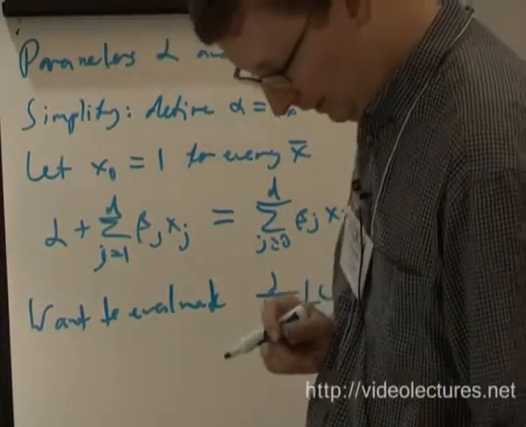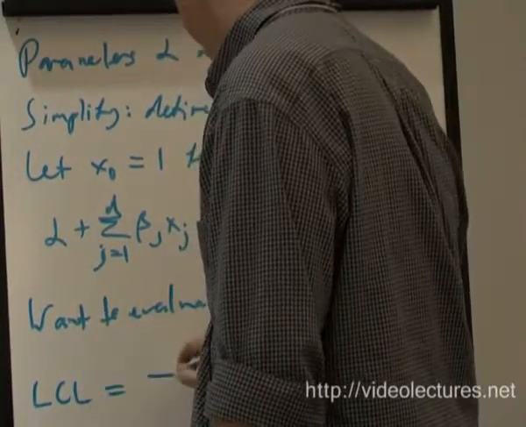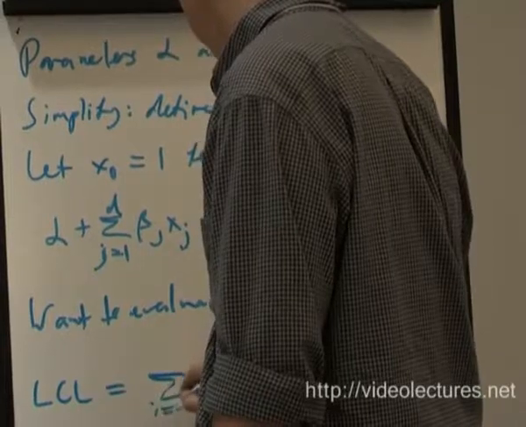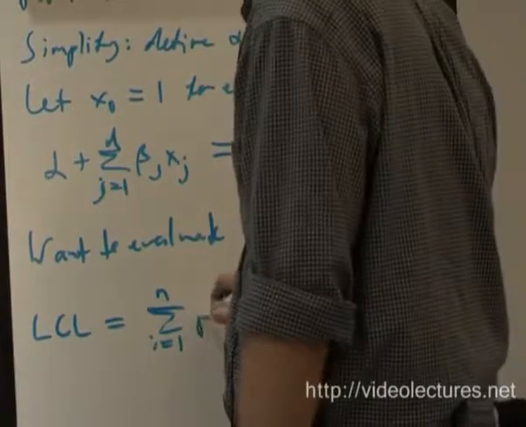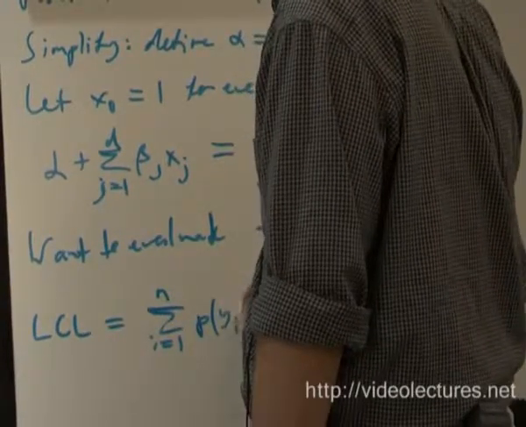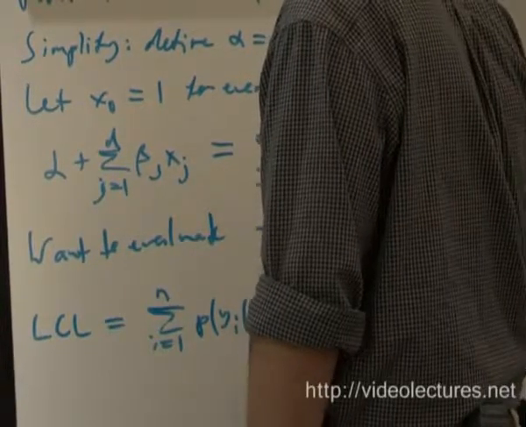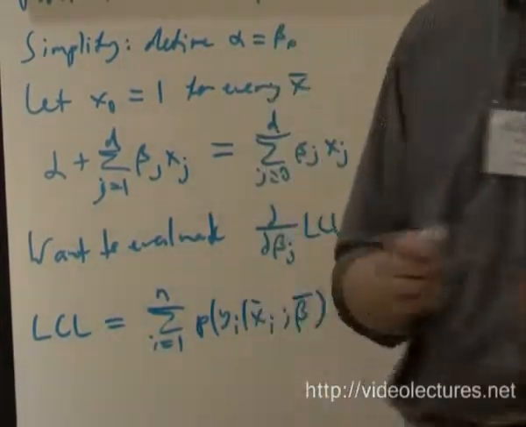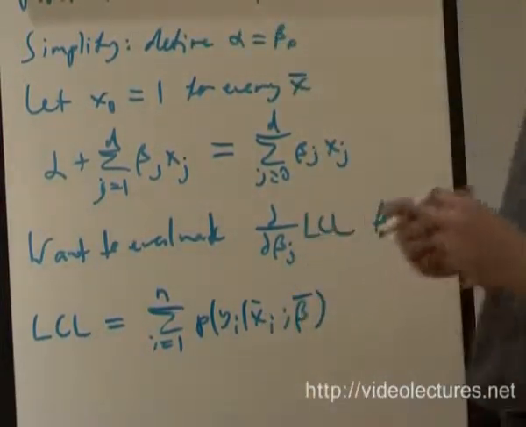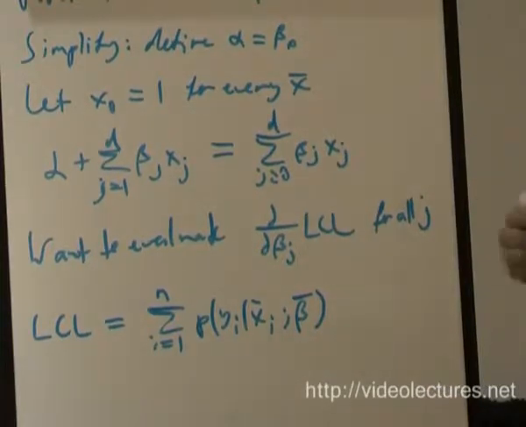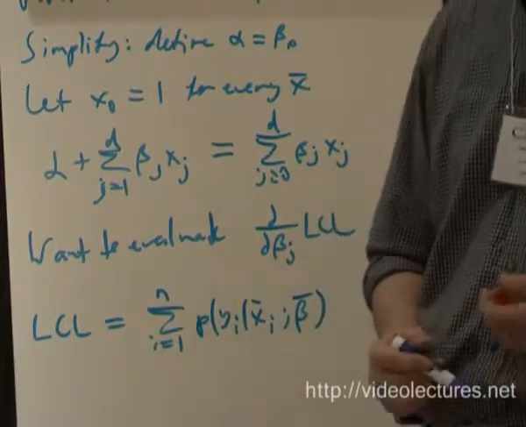And the log conditional likelihood is the sum from i equals 1 to n of the log probability of yi given xi and given the beta parameters. So everybody clear why this is the log conditional likelihood?